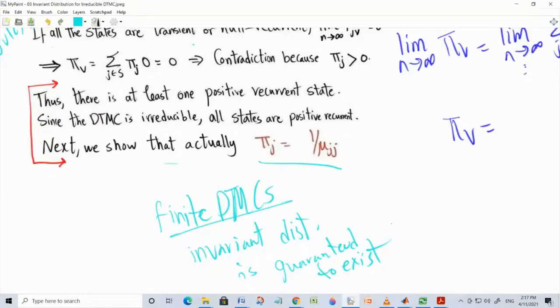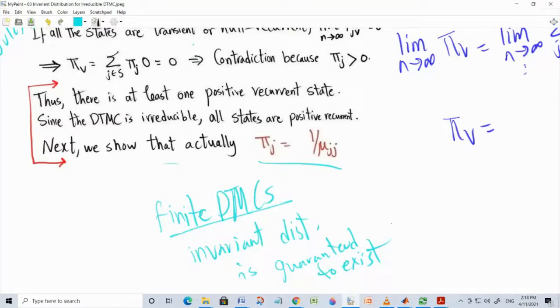Now, we have shown that if there is a positive recurrent state, there is a stationary distribution. If there is a stationary distribution, there is a positive recurrent state. And because the chain is irreducible, then all states communicate, and so every state will be positive recurrent. Every state will be aperiodic or periodic with the same period.